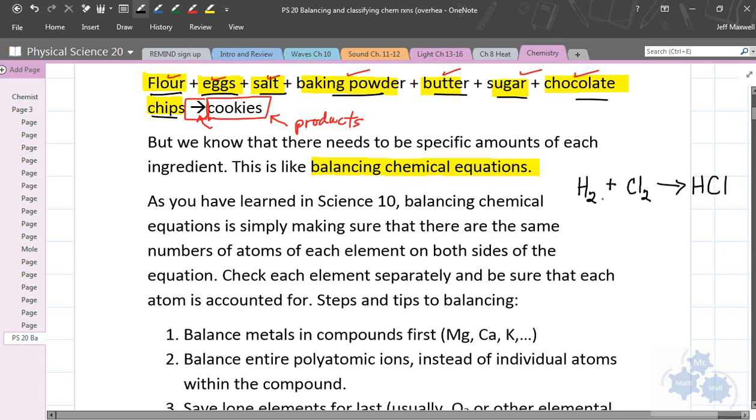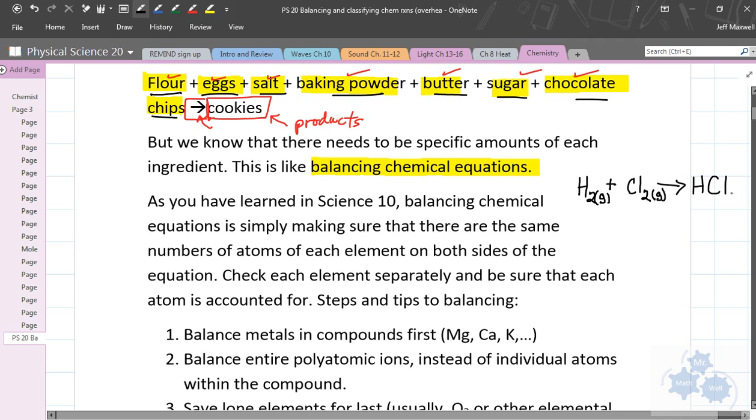Do you remember using these little letters last year to signify the states of matter? If you had hydrogen gas with little brackets and a G, that's part of a chemical equation, the states of matter, and chlorine gas, it would produce some hydrogen chloride.